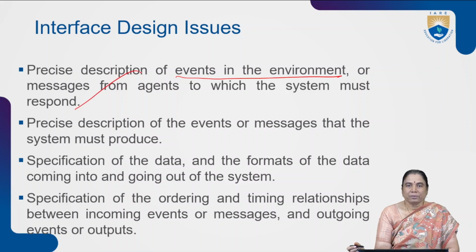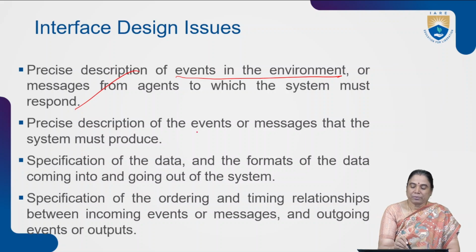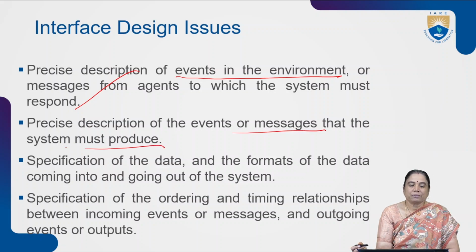So how to access the system, and how the system responds to external events, must be understood in interface design, along with a precise description of the events or messages that the system must produce. So input and output are majorly considered in the interface design issues. By considering the GIGO concept, if we put garbage in, we get garbage out.